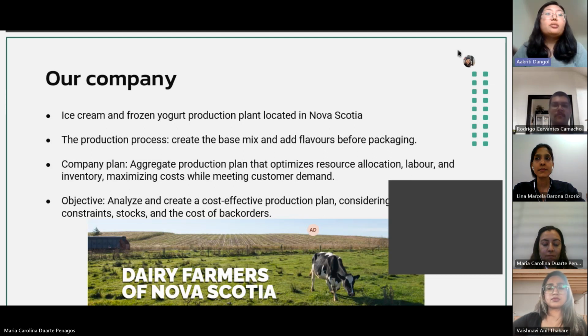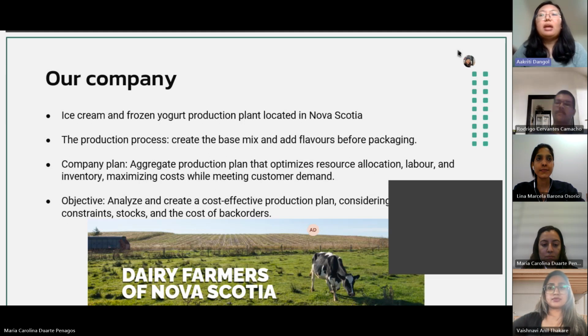The production process of this dairy has two stages. The first stage is to create the base mix, and the second stage is to add flavors before the packaging. The plant manager has to create the aggregate production plan that optimizes resource allocation, primarily labor and inventory.